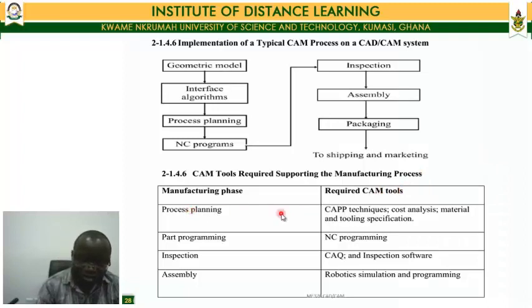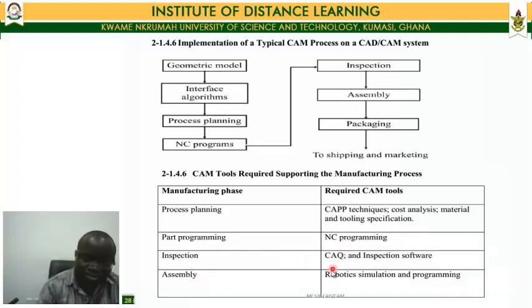In the manufacturing phase, when you have process planning, we have computer-aided process planning techniques. That is, in fact, you can have cost analysis, material and tooling specifications in there. Then you come to part programming. You will probably need an NC program.